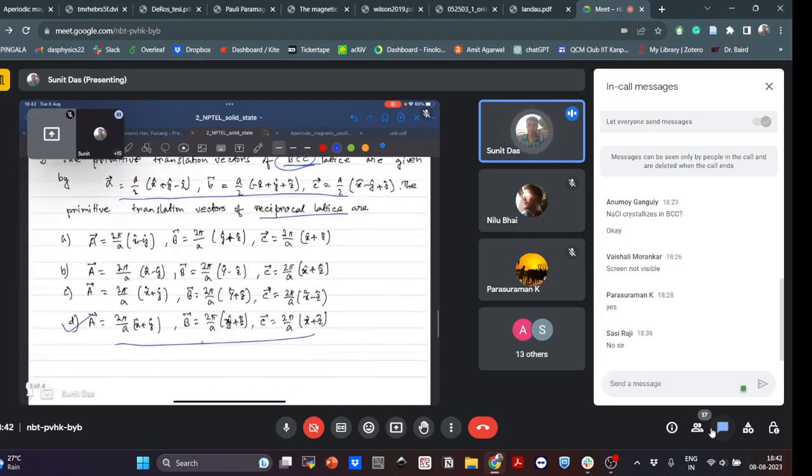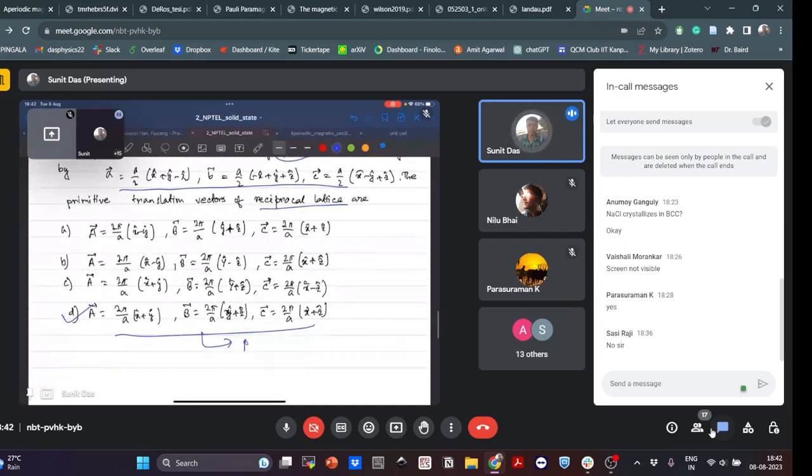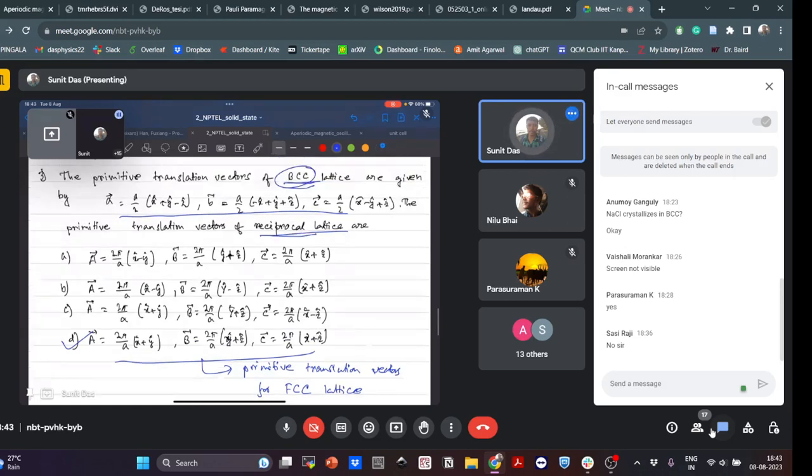And if you notice, these are actually the primitive translation vectors for FCC lattice. So the reciprocal lattice vector for BCC is the FCC lattice primitive vector, and the FCC lattice reciprocal vector will be the BCC lattice primitive vector, vice versa basically.